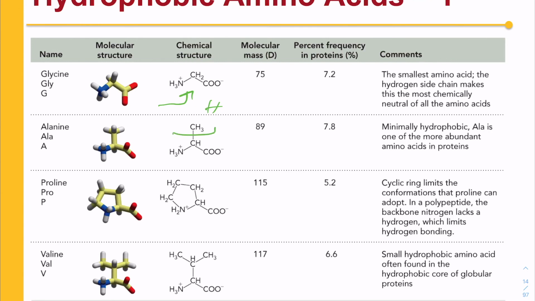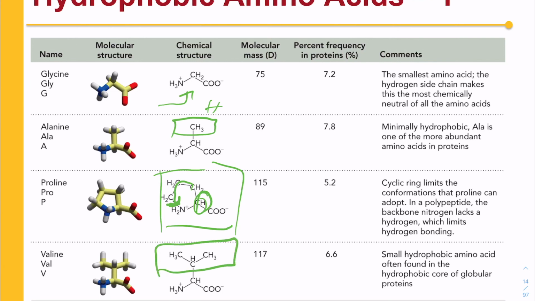Alanine has a methyl group as an R group, and this too really isn't hydrophobic, but it just needed to be put someplace. Proline, here, this is the alpha carbon, so the R group actually comes back and makes a connection with the amino group there. So proline is interesting because of the stereochemistry that it forces onto a polypeptide chain.